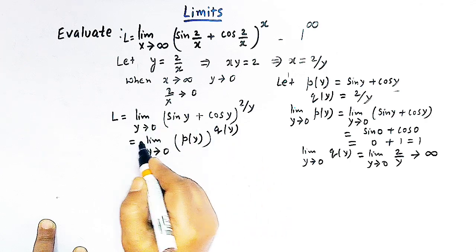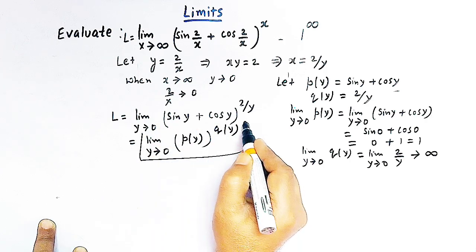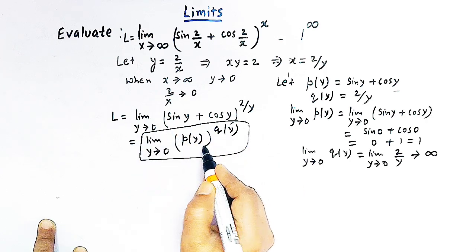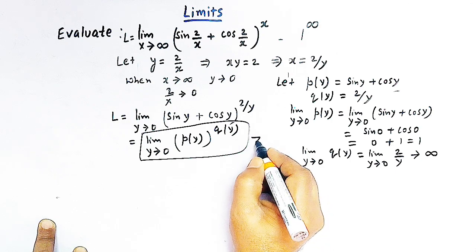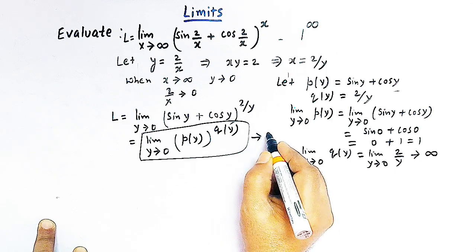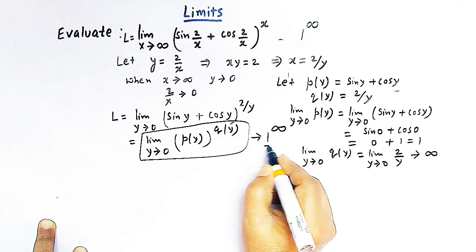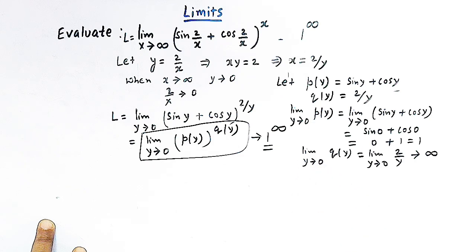So this limit, limit y tends to 0 of p(y) raised to q(y), tends to 1 raised to infinity, which is an indeterminate form.